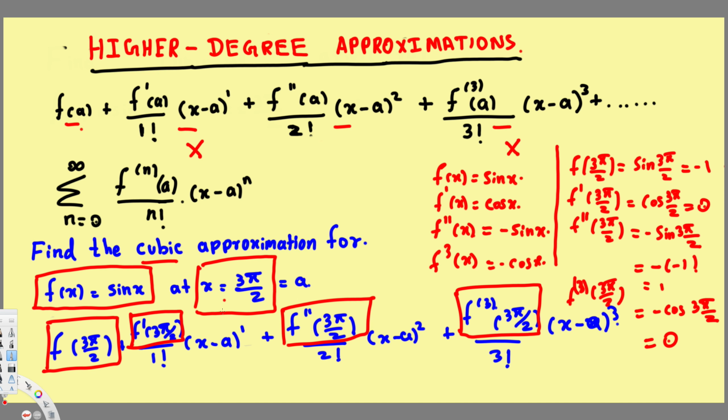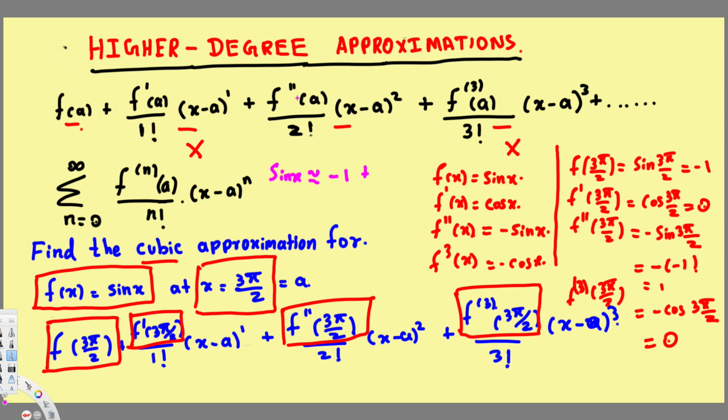So we can say sine x is approximately equal to -1, because f(3π/2), sine x is -1, so we just put -1.